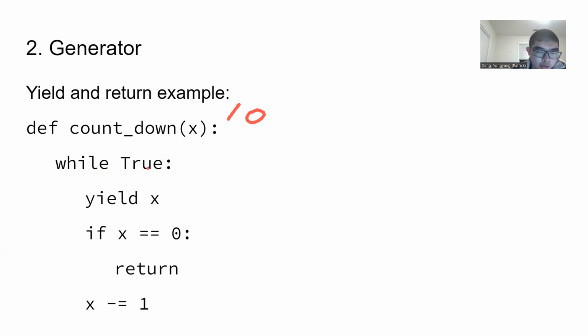So when you go inside while True, obviously this looks like an infinite loop. So when you call next of countdown 10, the first step will yield x, which is 10.